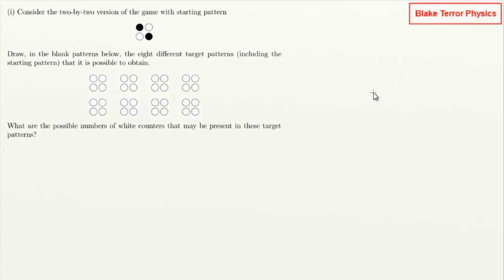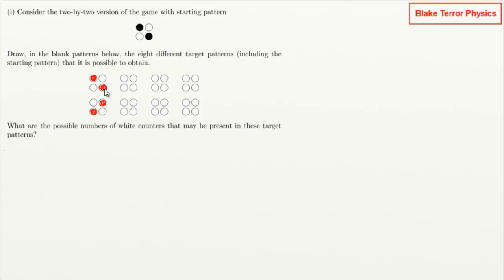Right, so consider the 2x2 version of the game with that starting pattern. Draw in the blank patterns below the 8 different target patterns, including the starting pattern, that it is possible to obtain. Well, there's no distinction between black and white, so we can just do mirror images of these. So you'll be able to get the starting pattern. So we can have that, and then we can have the mirror image of it, which would be that.